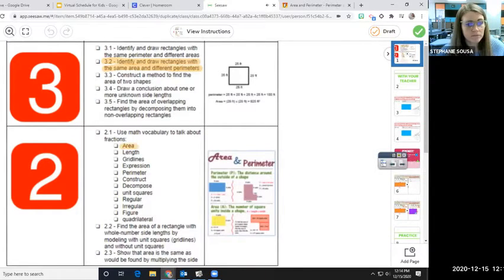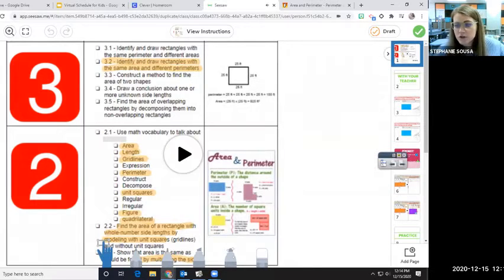The area, the length, grid lines, perimeter, unit squares, and figure. Remember that rectangles are quadrilaterals. We also need to remember that you will be finding the area of rectangles with whole number side lengths by modeling with unit squares and by multiplying the side lengths.